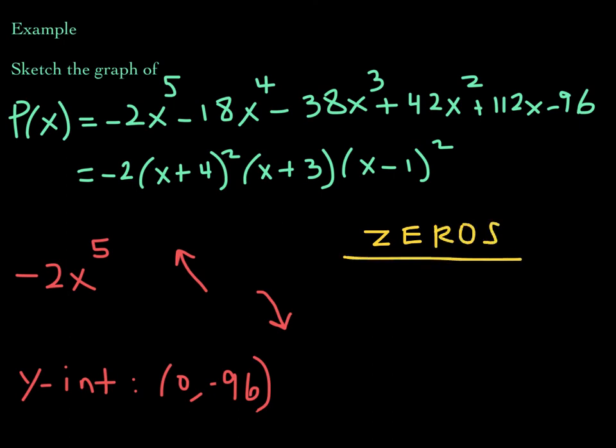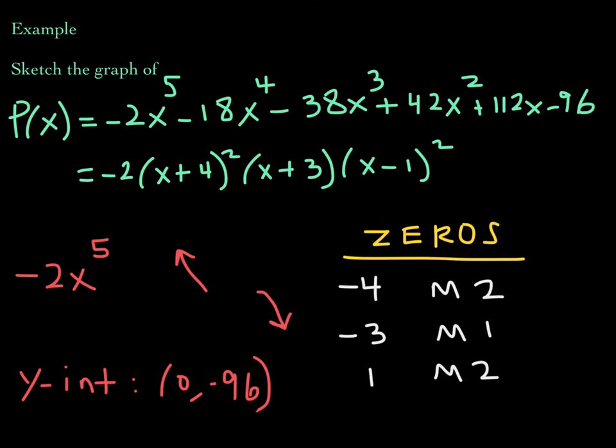We have negative 4 as a zero, and I'm going to put capital M for multiplicity, multiplicity 2. I know it's multiplicity 2 because of the power on that factor. Another zero is negative 3. If x plus 3 is the factor, then negative 3 is the zero, and that has single multiplicity. Finally, positive 1 is a zero of multiplicity 2.